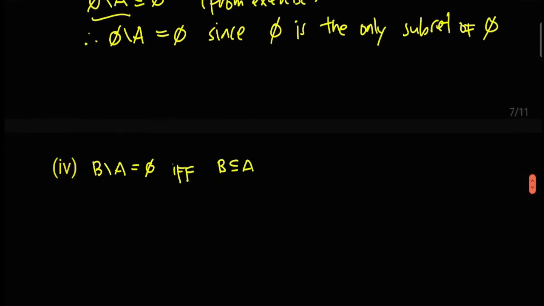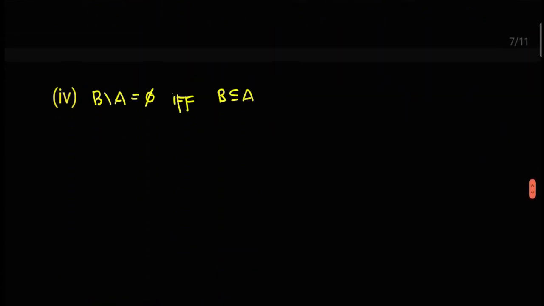Now, let's have another property. If you have B except A, then naging empty yung sagot. So that will only happen if and only if B is a subset of A. Okay? Let me repeat.